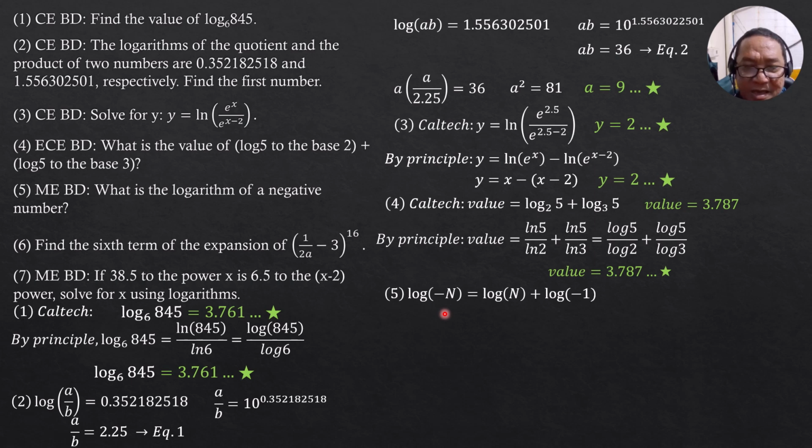So this is expanded into log of n plus log of negative 1. Since negative 1 is i squared, we replace that by i squared. So log of negative n is log of n plus log of i squared. And log of i squared is 2 log of i.